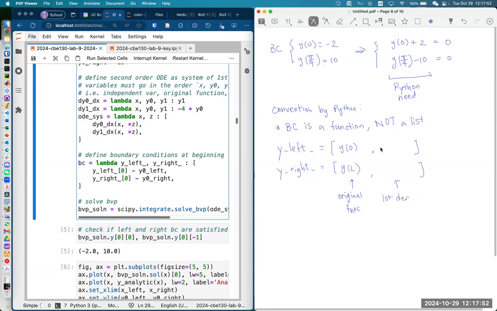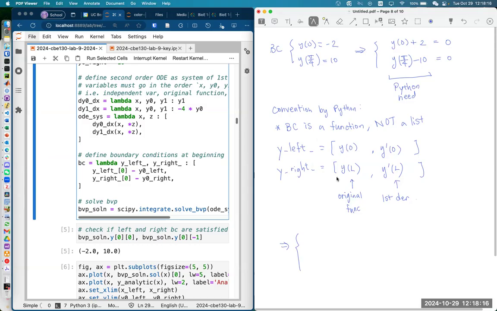So y left of index 1 will be y prime of 0. Y right of index 1 will be y prime at L. So in order to rewrite this analytical form into Python, we'll need to make it in the y left and y right syntax. So we match this.